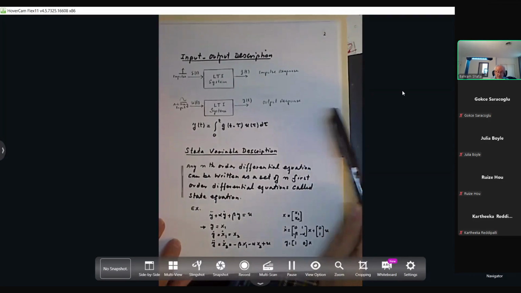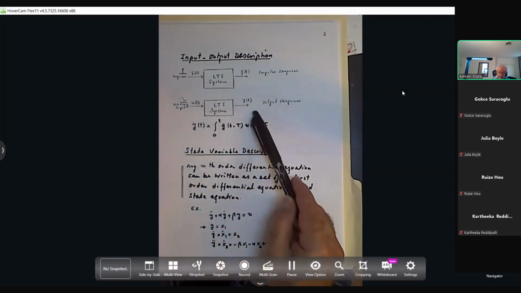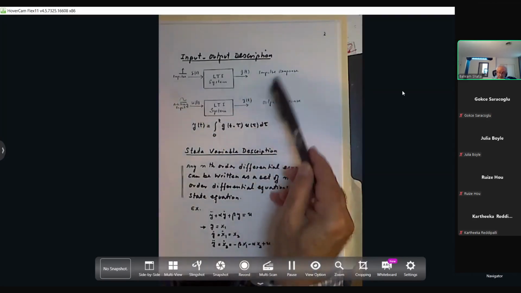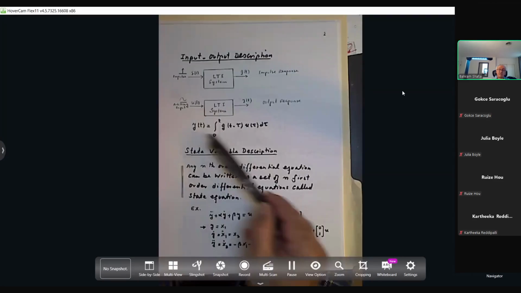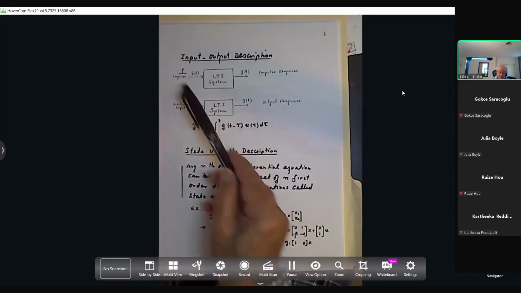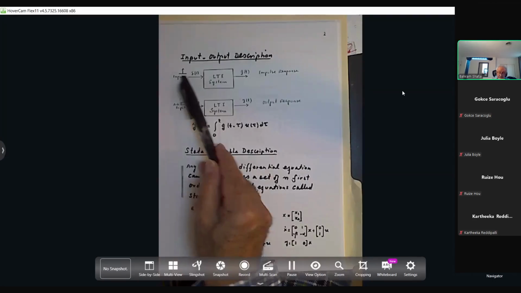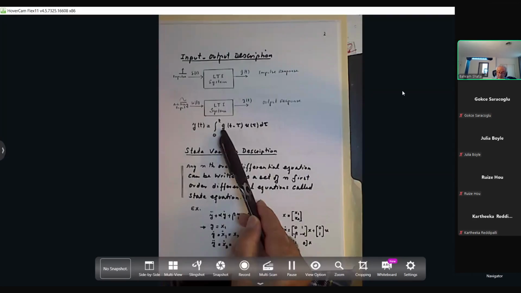If you have an arbitrary input, then for any input U, with the impulse response that you have, you can find the output response. So remember, here I have two signals, one impulse, the other one arbitrary input. If you have an impulse, then you have G of t, which is called the impulse response, which is this quantity.